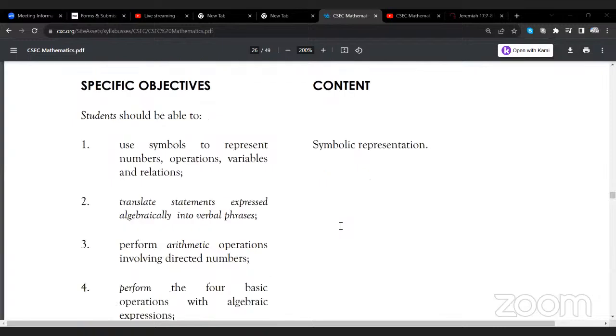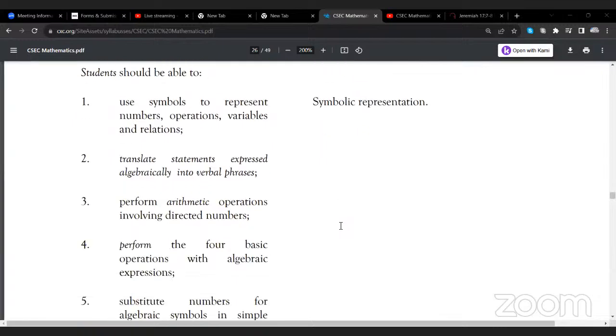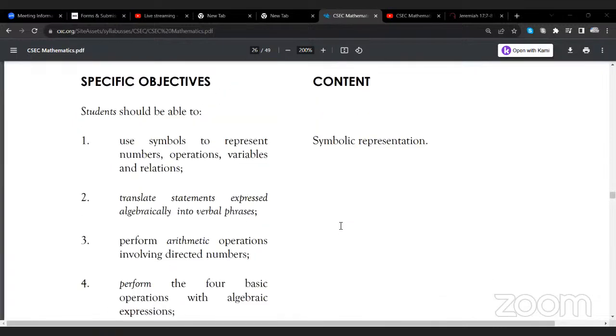Now, the specific objectives that we're going to be looking at step by step. You should be able to use symbols to represent numbers, to represent operations, to represent variables and relations. Number two, you must be able to translate statements expressed algebraically into verbal phrases.